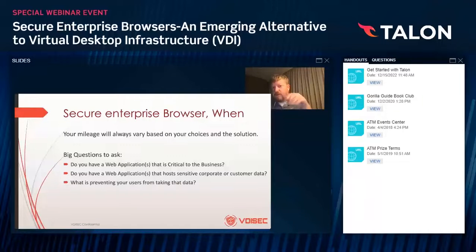What is preventing your users right now in their virtual desktop, in their computer, at their house, in their jammies, from copying and pasting, from printing, from saving the files off that sensitive website that they have access to? And in most cases, when I do audits, there's nothing stopping that, right? Like if you publish them Salesforce and give them username and password, you could log on from your house and sit there and copy and paste and take all the things you wanted. And so that's a big problem.